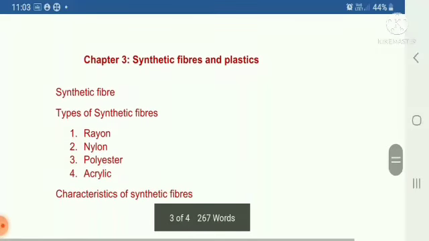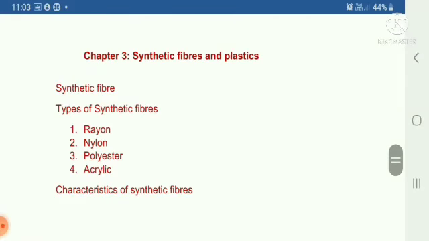chapter 3, synthetic fibers and plastics. In this chapter we are going to see what is synthetic fiber. The synthetic fiber is made by human beings. That is called synthetic fiber or man-made. Okay, dears? Obtained from chemicals.